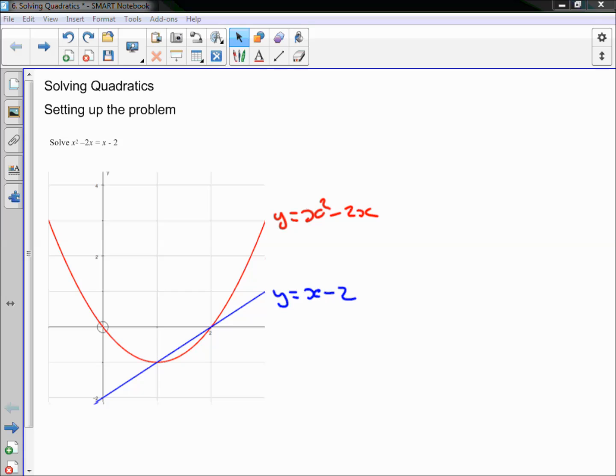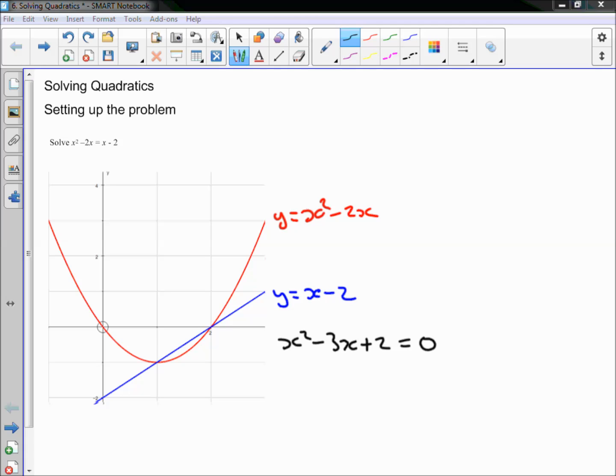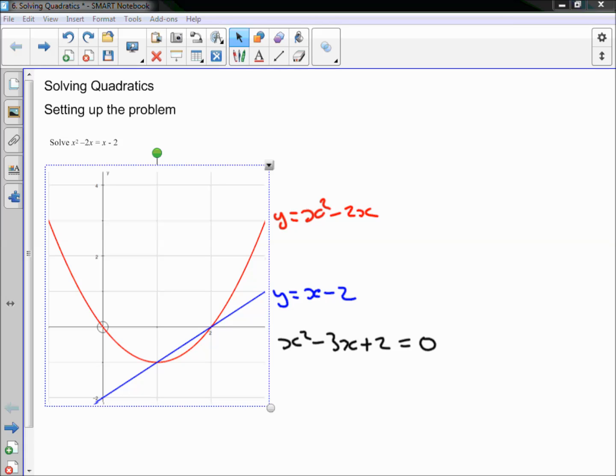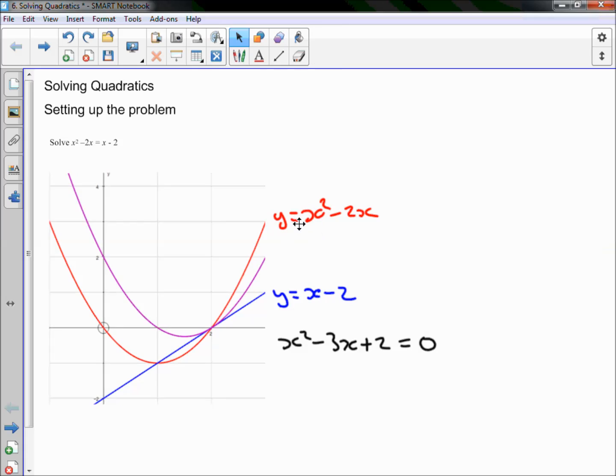But what we can do is rearrange our equation to make it equal to 0. If we subtract x from both sides and add 2 to both sides, we get x squared minus 3x plus 2 equals 0, just by rearranging it. And if we have a look here, the purple line is x squared minus 3x plus 2.